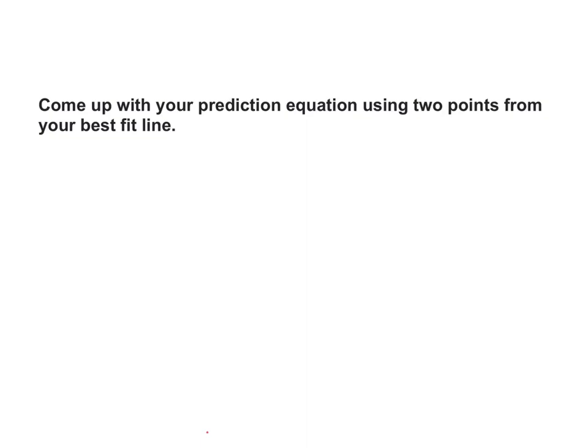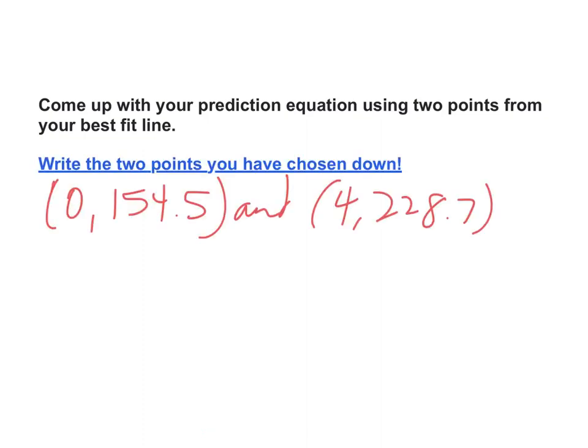Here's what's important, because on a test, it's possible that Matthew uses 2 points for his line of best fit, and Jay Henry uses 2 different points, and they both could be right. So what's going to be really important on a test and in your homework is that you identify which 2 points you've chosen. Now, on my graph, I circled those 2 points, but I'm asking you to write them down.